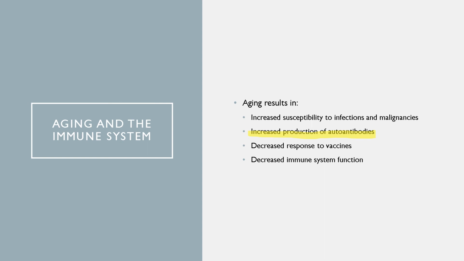In addition, the immune system exhibits lowered levels of function. For example, T cells become less responsive to antigens, and fewer T cells respond to infections. Now, this may result from age-related atrophy of the thymus or decreased production of thymic hormones.